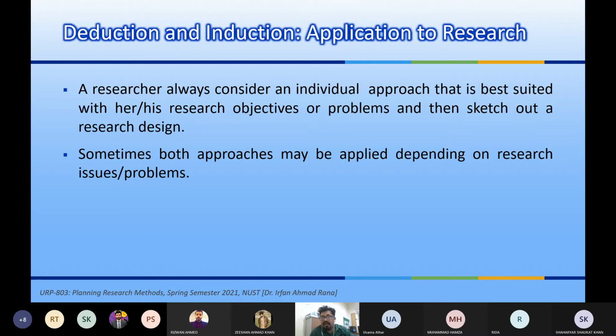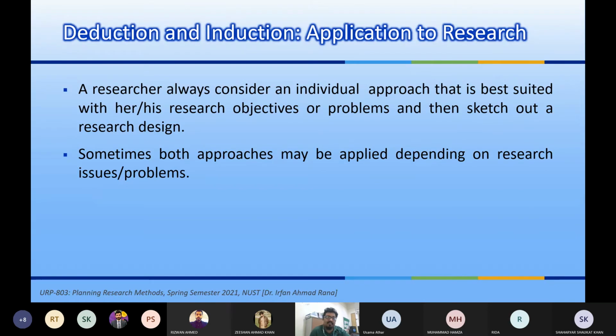So I was talking about, yes, both are important in urban planning, and theory continuously needs to be tested and hold true. So the deductive approach is happening in which the theory developed by the developed countries or the Western world is replicated in case of developing countries. So we are testing their theory in the context of Pakistan as well.